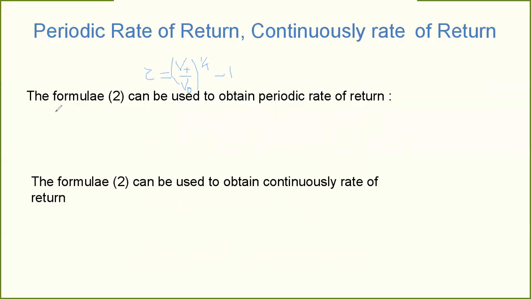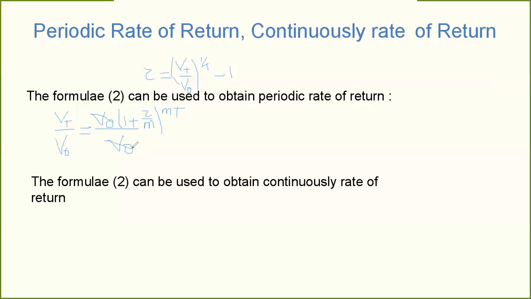If we have a periodic rate of return, this expression in brackets we can rewrite using the formula for periodic compounding, which you used in the problem set: V0 multiplied by 1 plus R divided by m, to the power mt. Maybe T capital or T little, it doesn't matter.